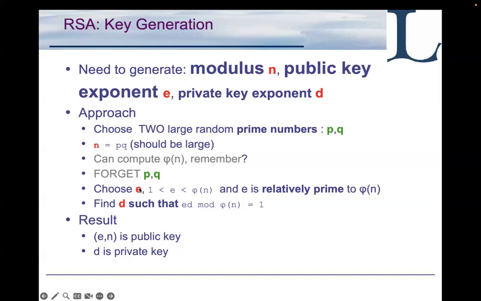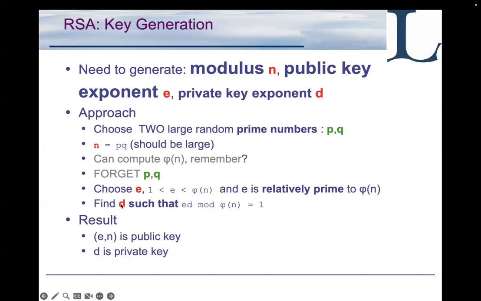Since this number is relatively prime to this one, you can also find another number such that multiplying these two numbers together, modulo this operation, would give you 1. That is called finding the multiplicative inverse.